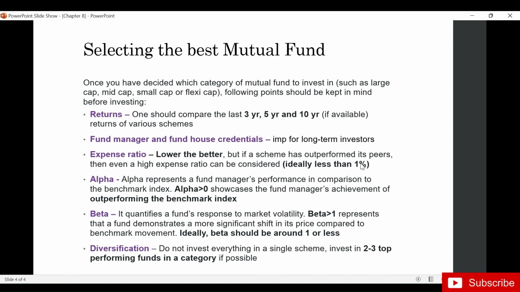In lesson 2 of chapter number 8, we will discuss how an investor can select the best mutual fund. So, once an investor has decided which category of fund they want to invest in, such as a large cap fund, a mid cap fund, a small cap fund or a flexi cap fund, then they should keep in mind a few points before they start investing.